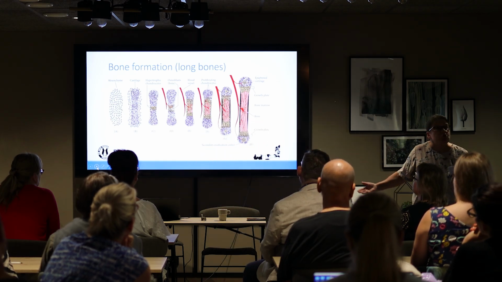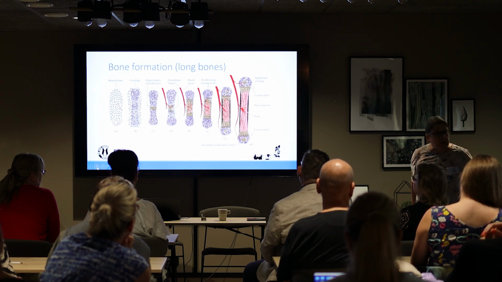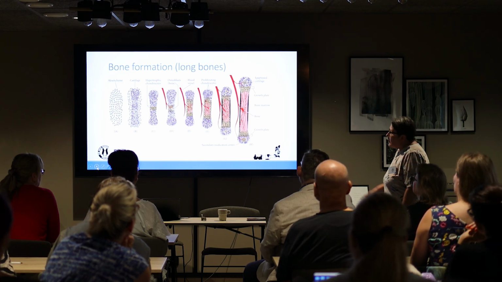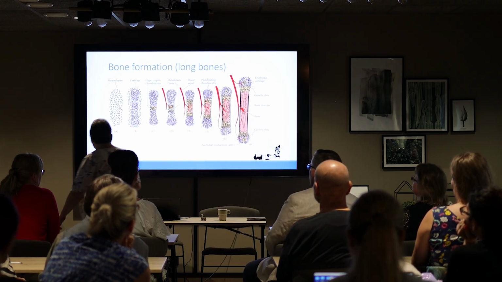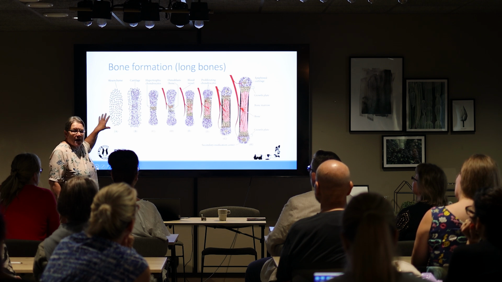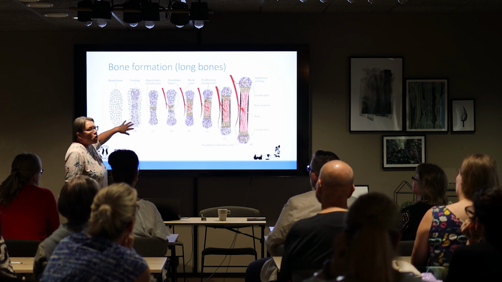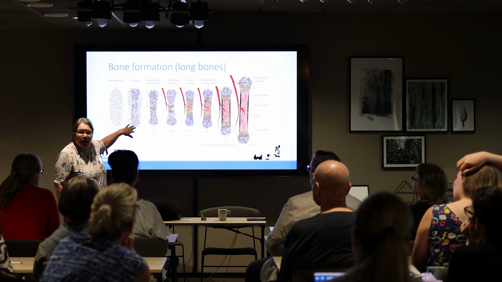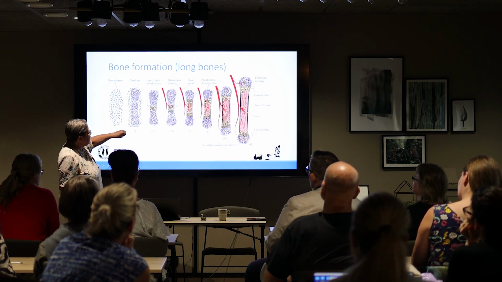This is how the longitudinal bones in dogs and in our body are formed. They are derived from undifferentiated mesenchymal cells, and first they form a cartilage, like a model of the bone.